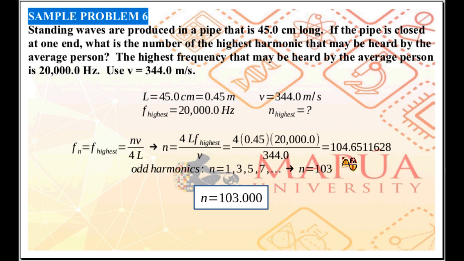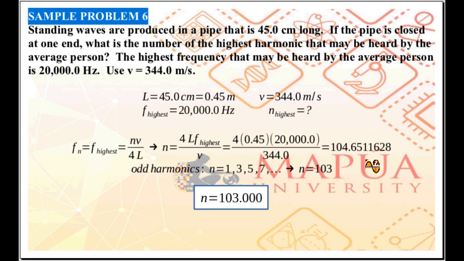The nearest odd numbers for this value of n are either 103 or 105. So n will either be 103 or 105. Odd harmonic number.